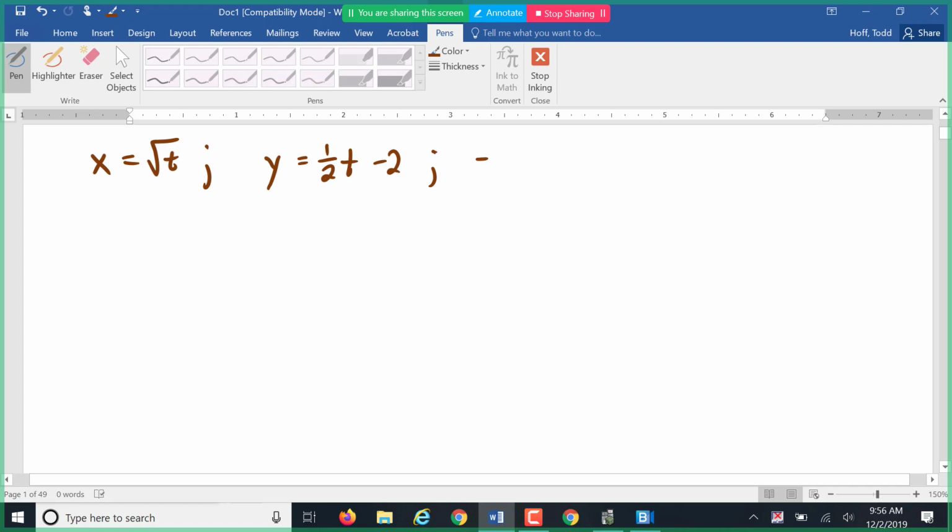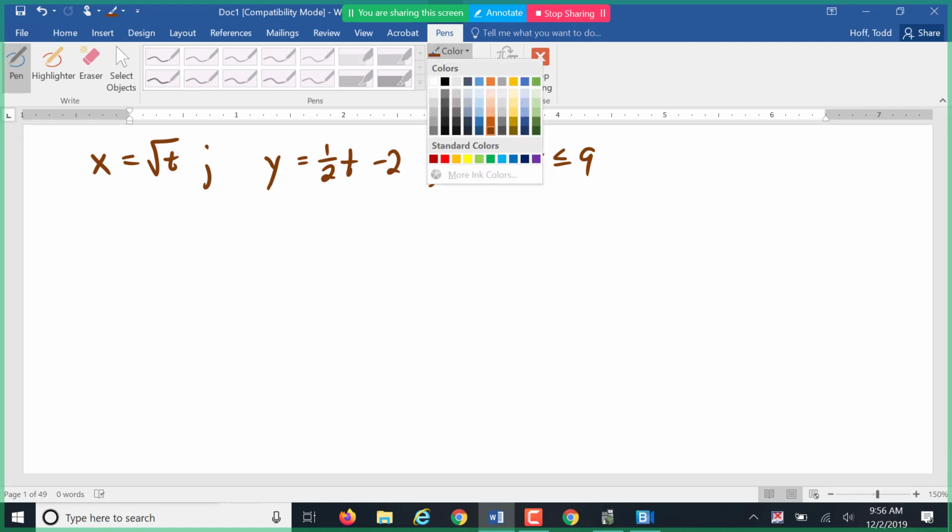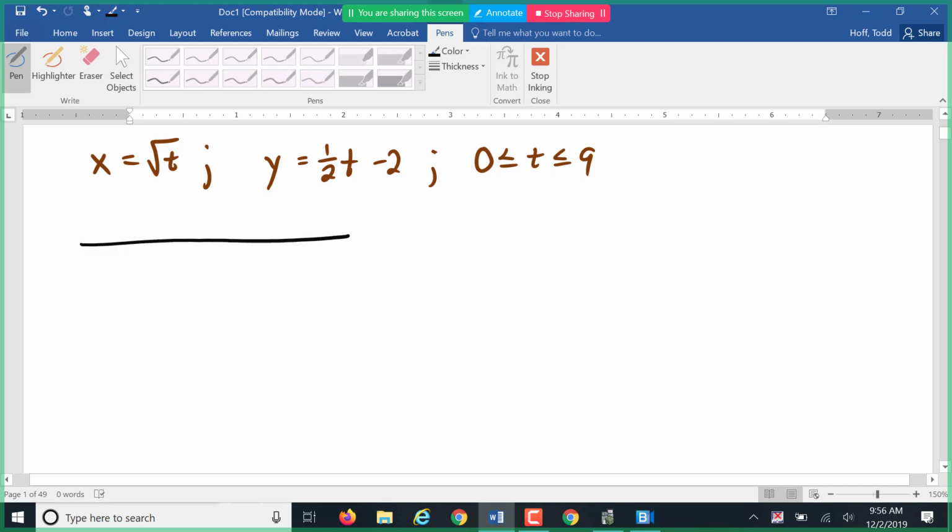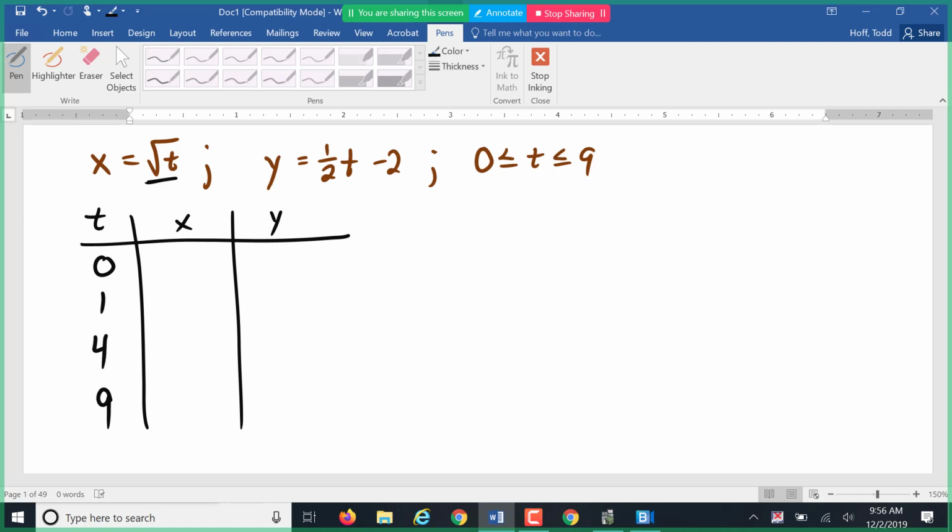Now obviously since x is the square root of t, t can't be negative here. So t has to go from 0, let's go to 9. Now I am going to pick values here for t on that range of 0 to 9 that I know are going to give me nice easy square roots. So I'm going to do 0, 1, 4, and 9 because I know those are the perfect squares.